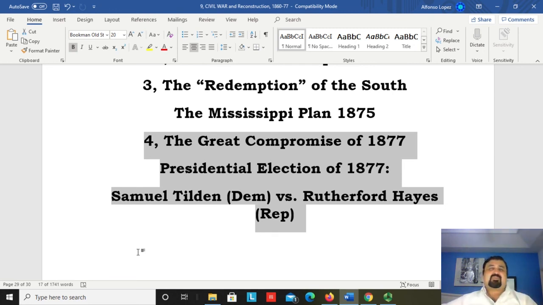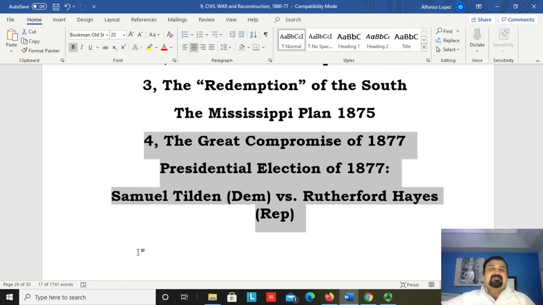Okay, so both sides claimed victory. They both said they won the election, and it seemed that the country was going to go to another crisis, another split, because the South could be leaving the Union once again. It was possible.